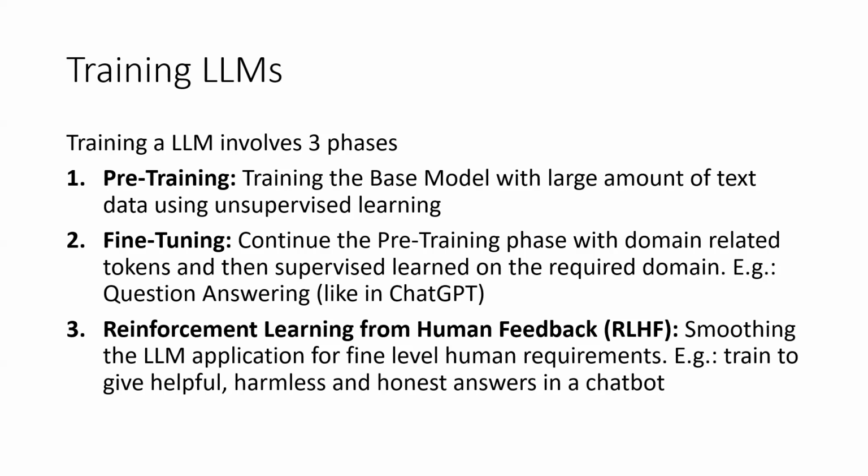And the second phase is known as fine-tuning, where you are using a supervised learning dataset for the task that you want to do, and you are transfer learning the pre-trained model that you have already trained with unsupervised learning, and now you are using supervised learning for your required task, right? For example, you are training for question answering in the case of ChatGPT, right? So in ChatGPT, they might have used a question answering dataset to answer questions using this pre-trained LLM. Right?